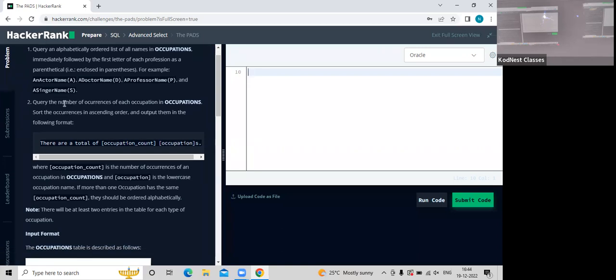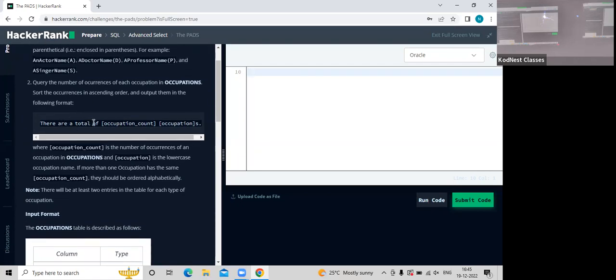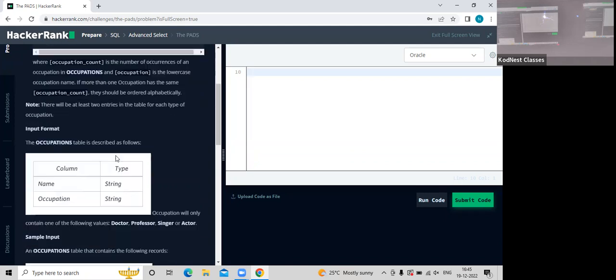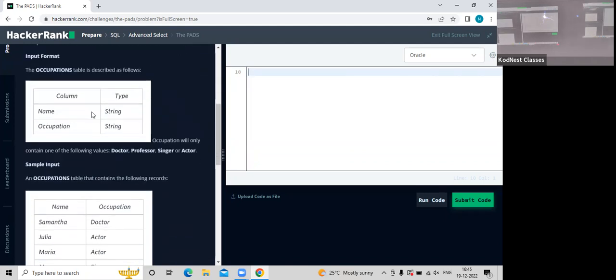And the next query is: query the number of occurrences of each occupation in occupations. Sort the occurrences in ascending order and output them in the following format: there are a total of, then the count of members in that occupation, and that occupation name. For example, name and occupation we have.